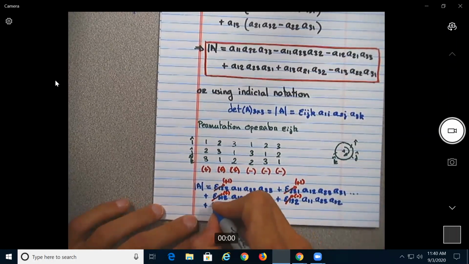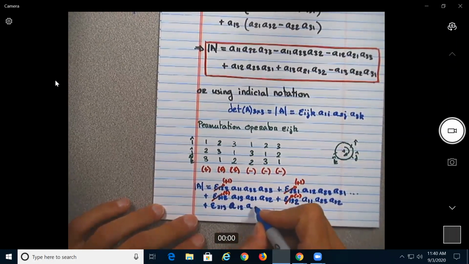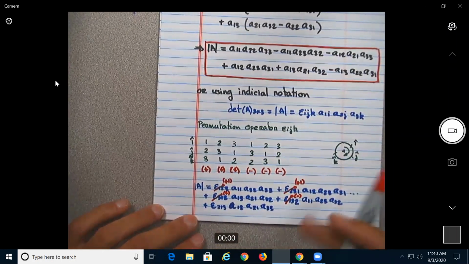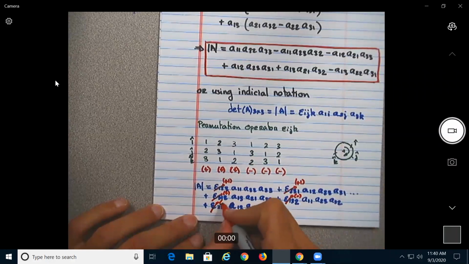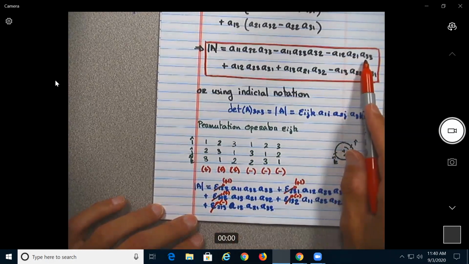Plus, now we do this one, 2, 1, 3. So it'll be epsilon, A 1, 2, A 2, 1, A 3, 3. This term will also be negative, and this corresponds to A12, A21, A33 in this term over here.